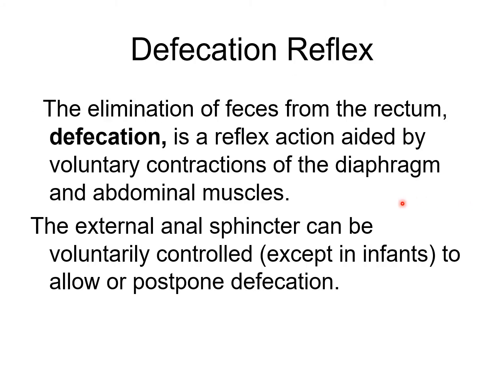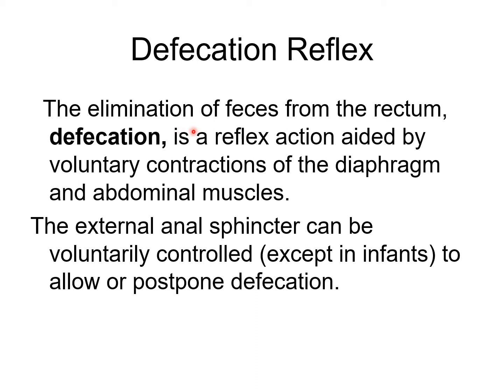We have to talk about the defecation reflex. In the urinary system, we talked about the micturition reflex, the reflex that allows us to relieve ourselves, do a number one. Here we talk about what makes us think about doing number two. Well, our rectum has stretch receptors, and fecal material accumulating in the rectum will create nerve impulses.